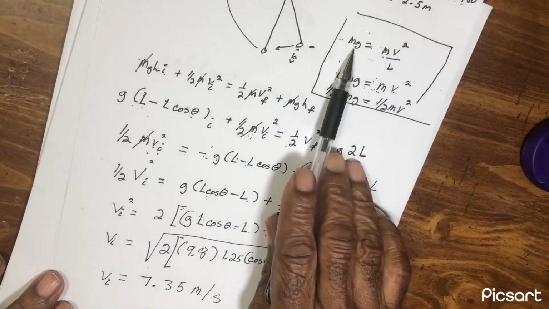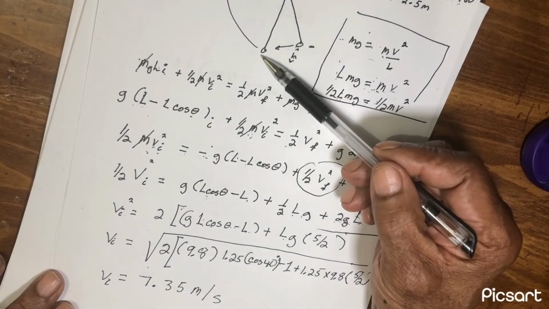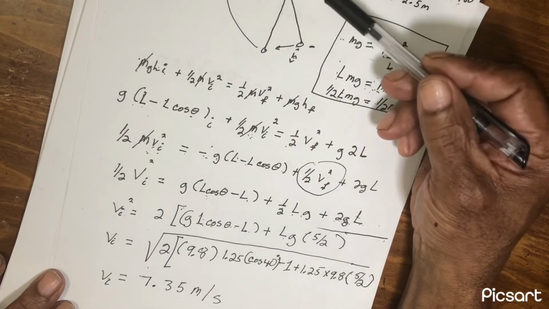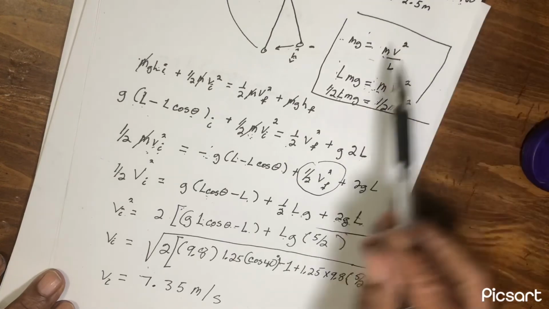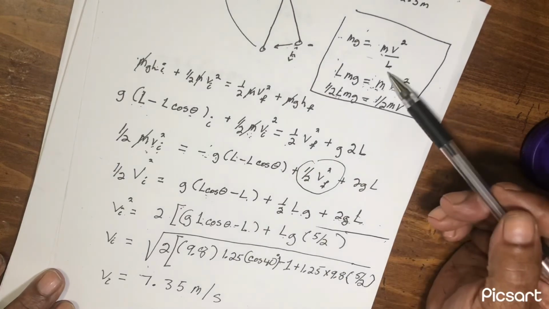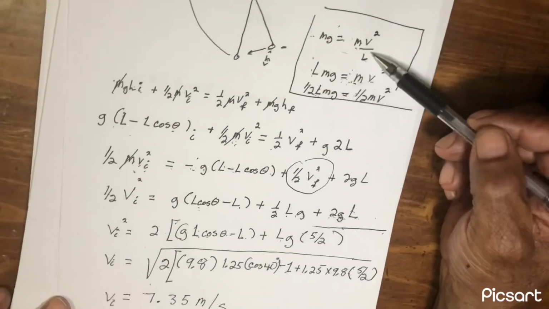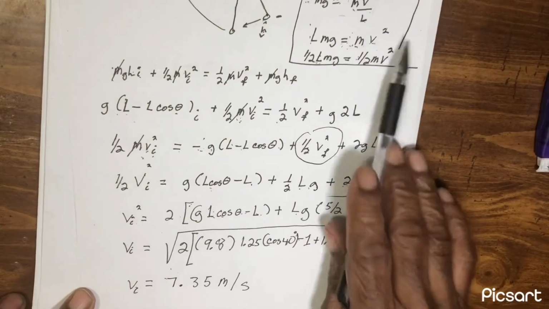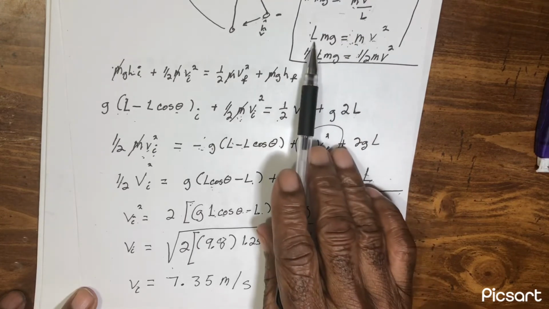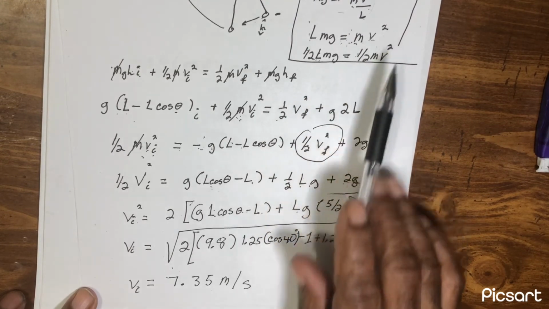That's why we use this mg portion here to bob just hanging, knowing that for this rope to stay taut, it must equal mg. So mg, mv squared over L, that's acceleration when something's moving in a circle. Then we just solve, putting L on this side, and we saw that L mg is equal to mv squared.